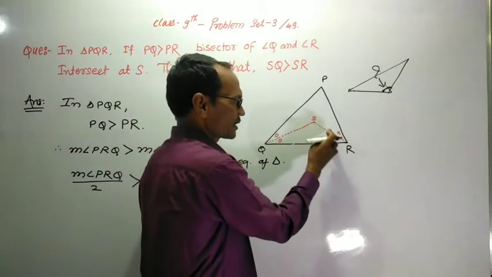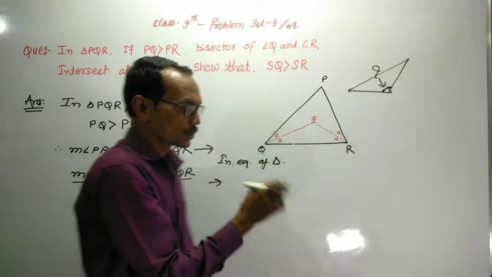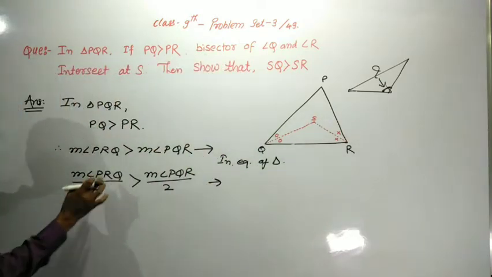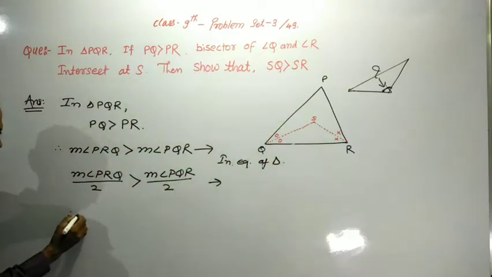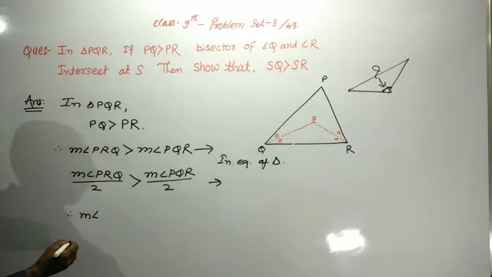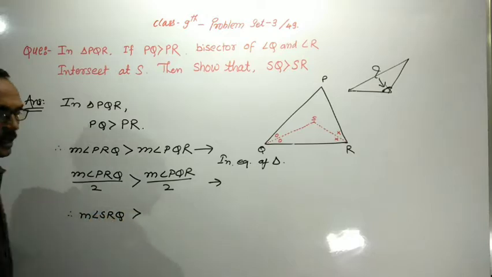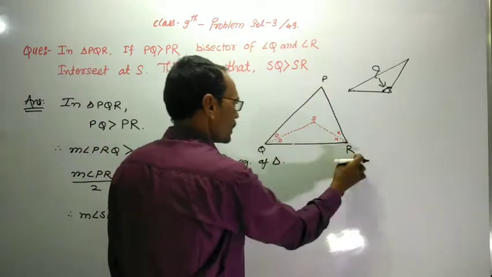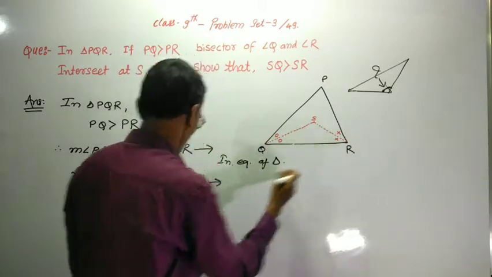This is bisector, so these two angles are equal in measure. So I can write half of PRQ equal to SRQ. Therefore, measure of SRQ is greater than half of PQR, which can be written as SQR.